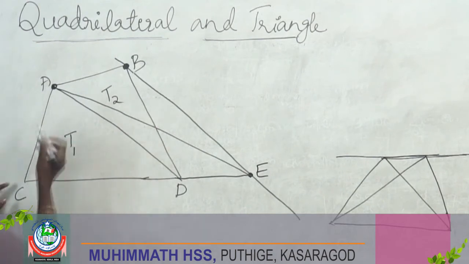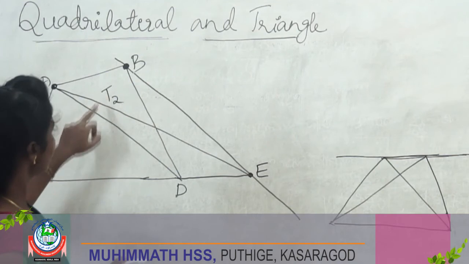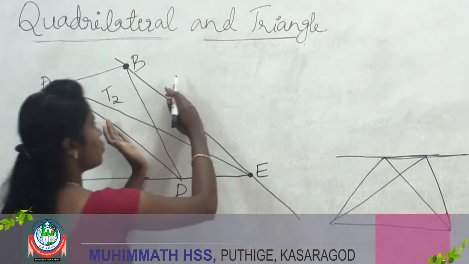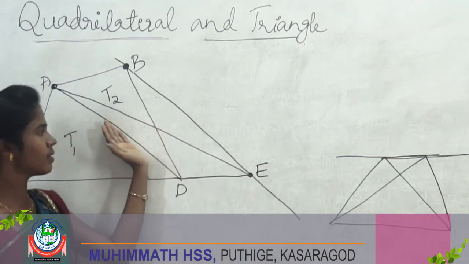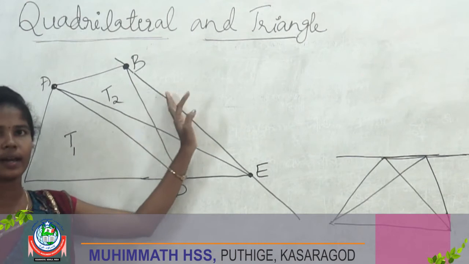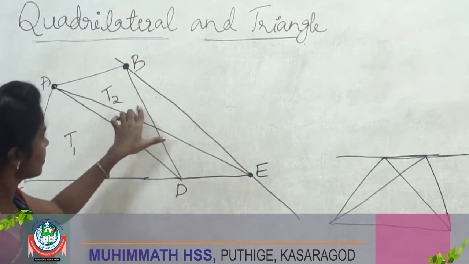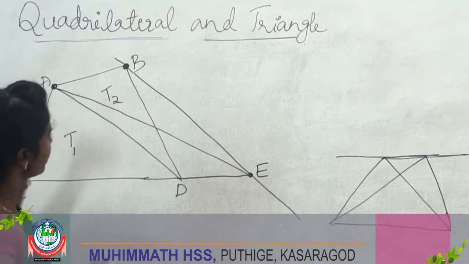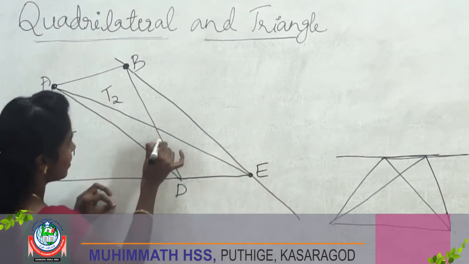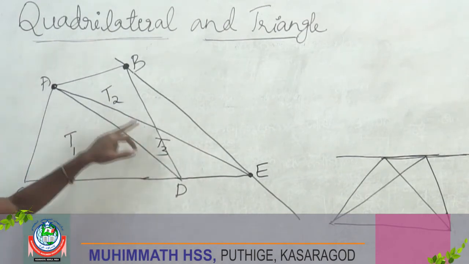Now listen here. Here it is triangle 1. These two are parallel lines, and in between these two parallel lines there are two triangles. The first triangle is T2, and the other triangle is triangle ADE, that is T3.